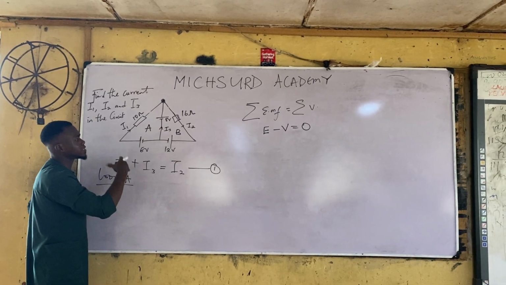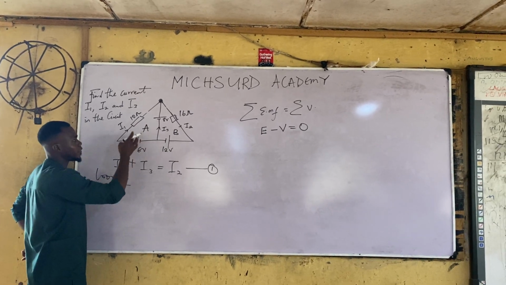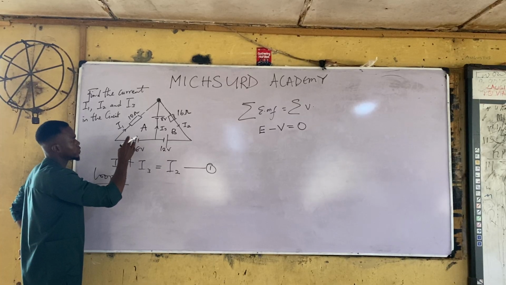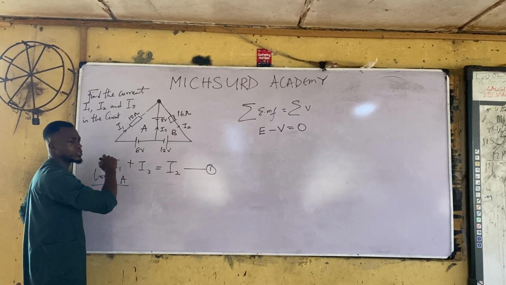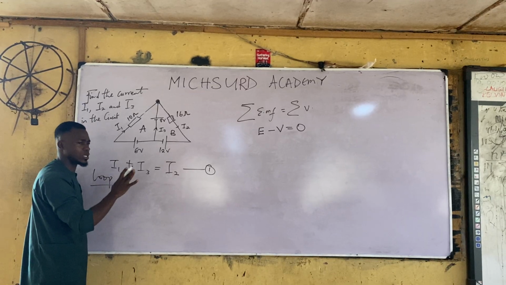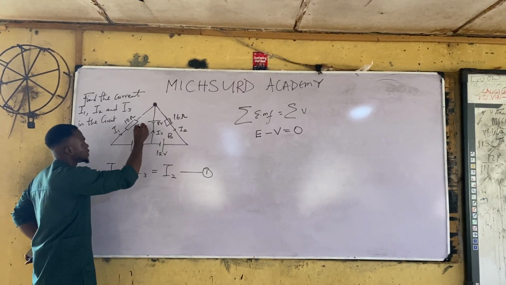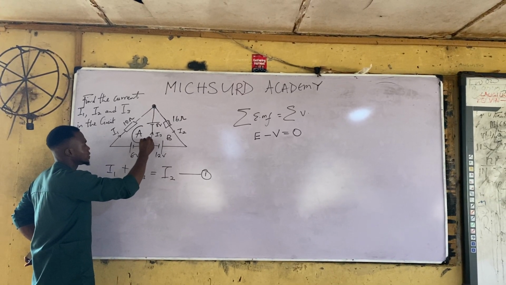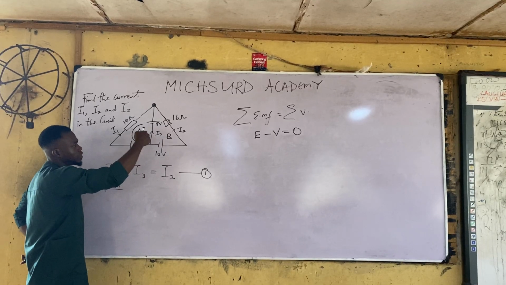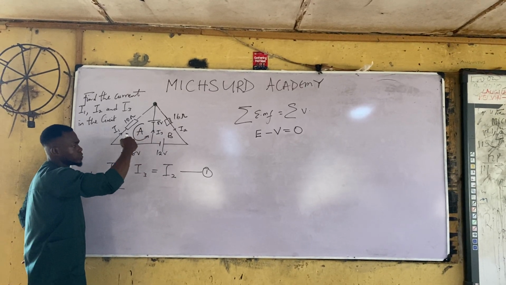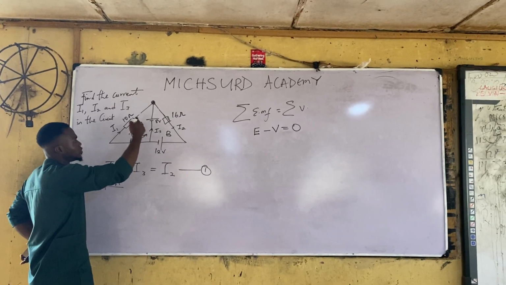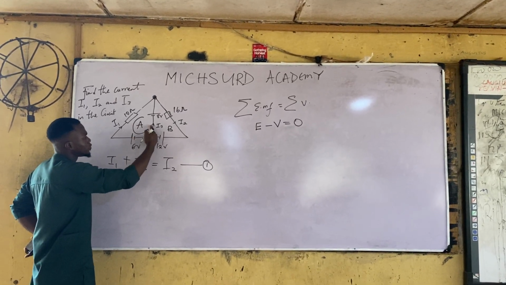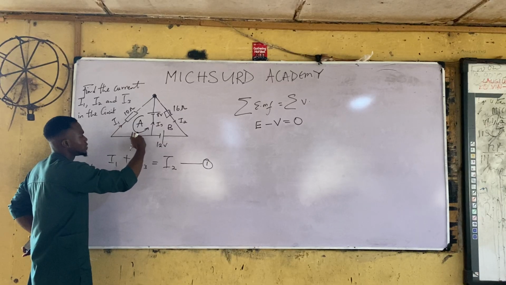We are going to assign a direction to our loop A. I can decide to choose this direction, or I can decide to choose this direction. Any direction you want to choose, there's no problem. If we choose a direction like this, it means we are moving this way, which is an anti-clockwise movement. So if we move like this, we'll be moving through this loop A in this direction.